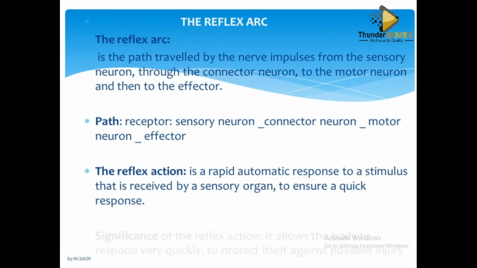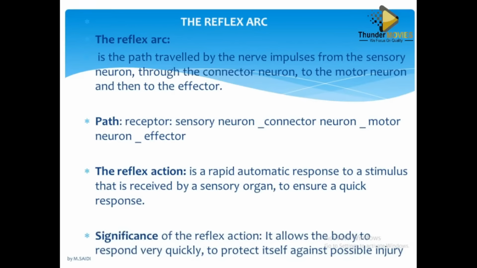Then you have the significance of the reflex action. What is the function of the reflex action? The reflex action is very important in protecting the body from further harm or from danger. The danger might be there already, or it could be approaching.